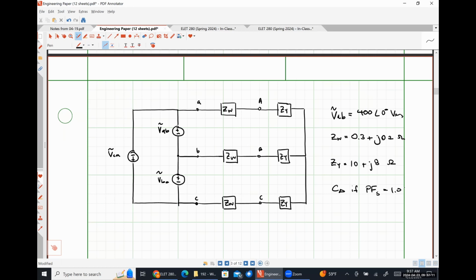We've got some circuit analysis on the front end that we need to do in order to calculate the total complex power absorbed by our load and our transmission line network. And then we need to figure out what capacitor bank to put in delta in order to correct the power factor of this network to 1. So this is literally every bit of material that we've covered in this module of the class, all in one single problem. So how are we going to approach something like this?